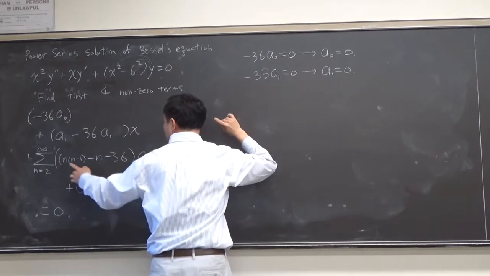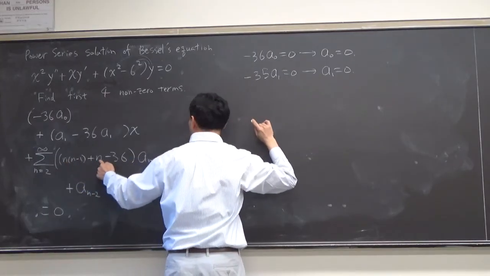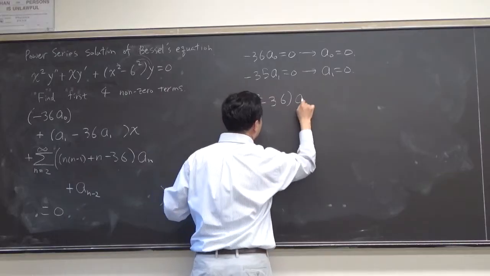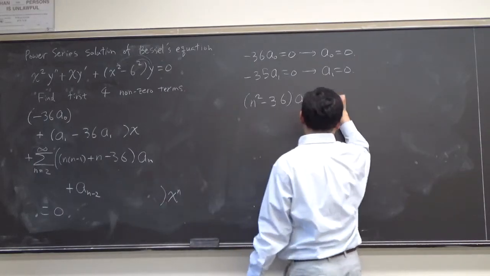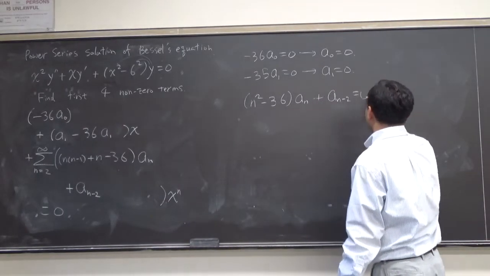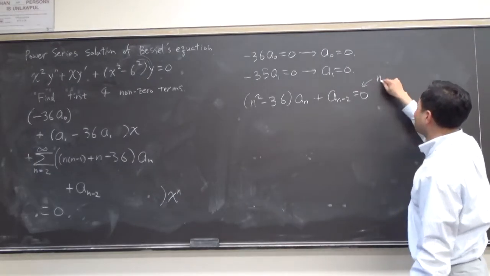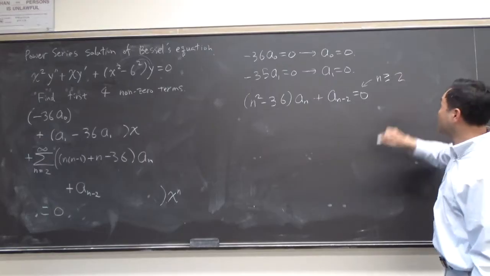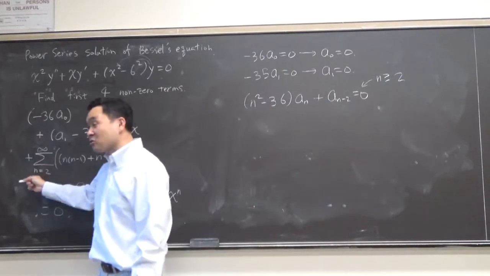This is n squared minus n plus n, so that's n squared minus 36 a_n plus a_(n minus 2) equals 0, and this is valid for n greater or equal to 2, because the summation starts from 2.